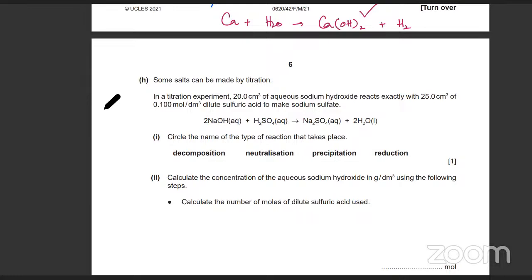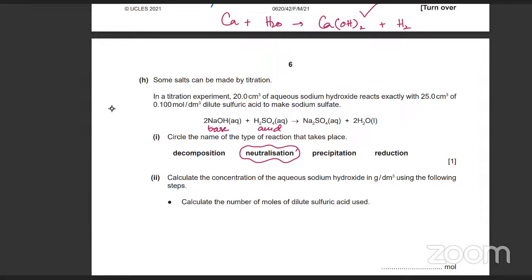Reduction to the concept. What is H2SO4 for? Acid. It's an acid, right? What is NaOH? What's a metal hydroxide? That's a acid-base reaction. It's a neutralization reaction.